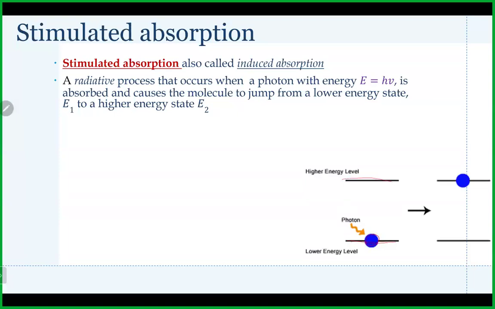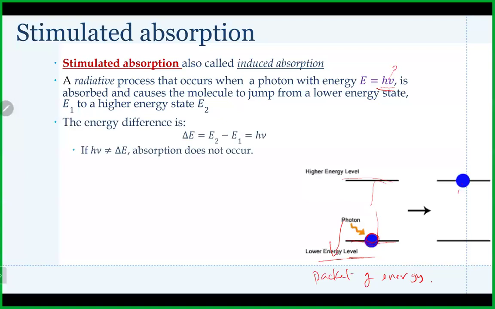The molecule was initially in a lower energy level, and then it absorbs a photon. A photon is a packet of energy. In short, it is energy. The energy is equal to hν, Planck's constant times frequency, making it jump to a higher state.